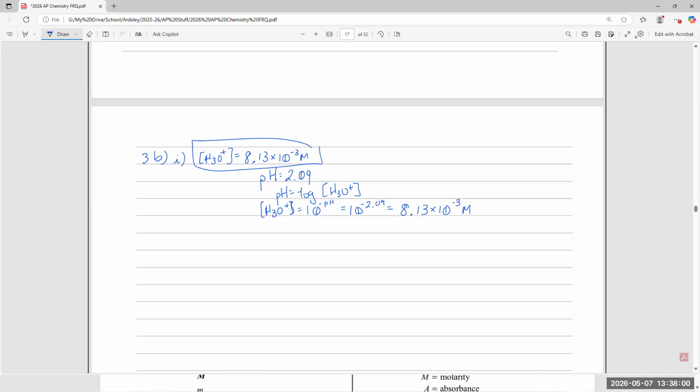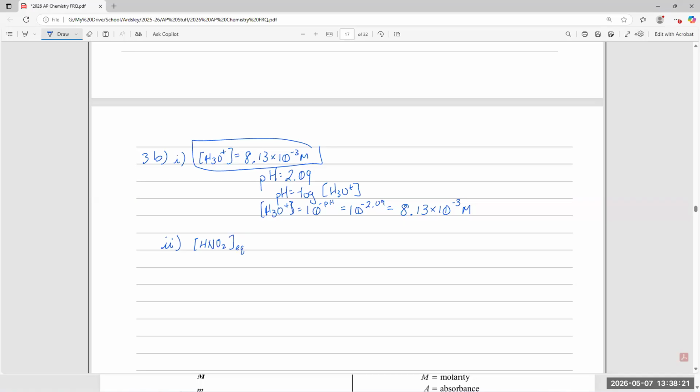Part 2. Calculate the nitrous acid concentration at equilibrium. Show that the work leads to your answer. All right, so this one we have to calculate. So I'm going to write HNO2, and they want it at equilibrium, right?